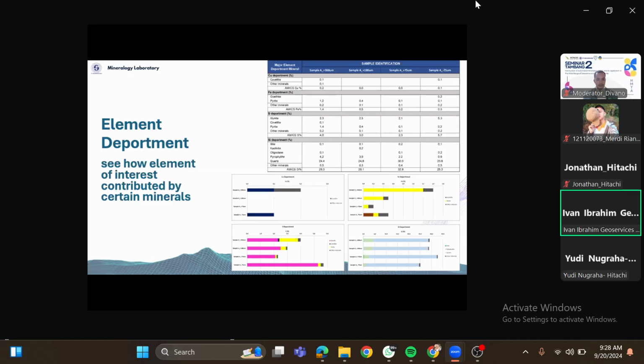Nah, siapa saja sih yang memberi kue sebesar 29,3 itu? Potongan sebesar 24,4-nya itu disumbangkan oleh kuarsa, 4,2-nya disumbangkan oleh pyrophyllite dan sebagainya. Jadi itu data-data yang bisa kita karakterisasi melalui sistem ini. Oke, next.